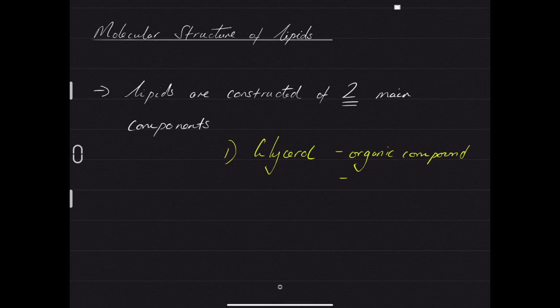When I say 3 carbons long, I mean the chain length is 3 carbons, and the relevance of this will become much clearer in a minute.